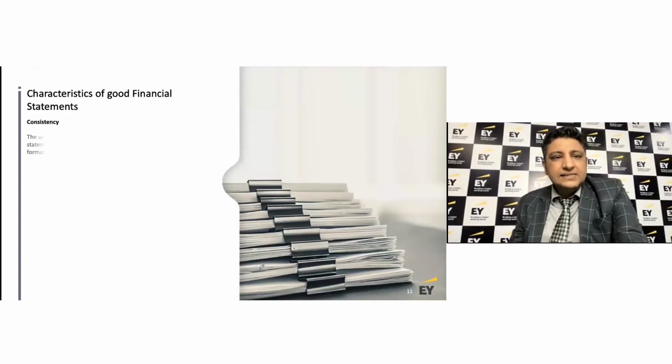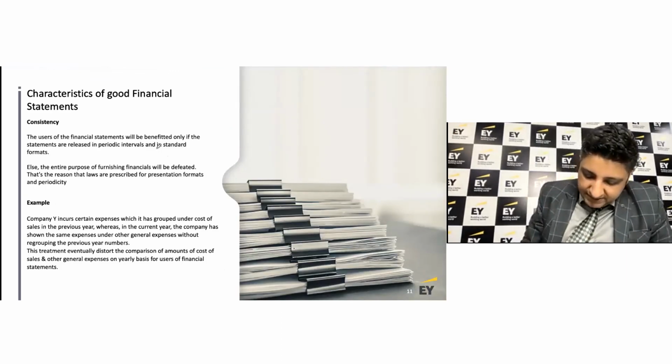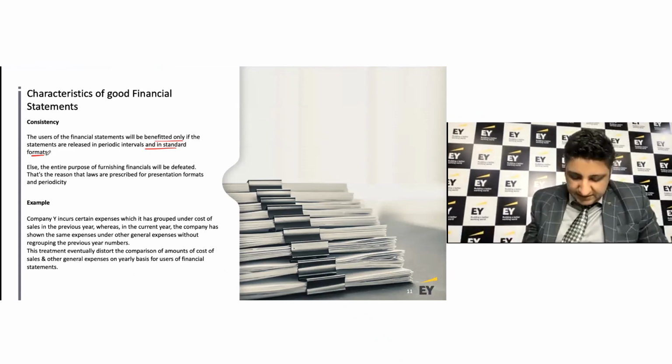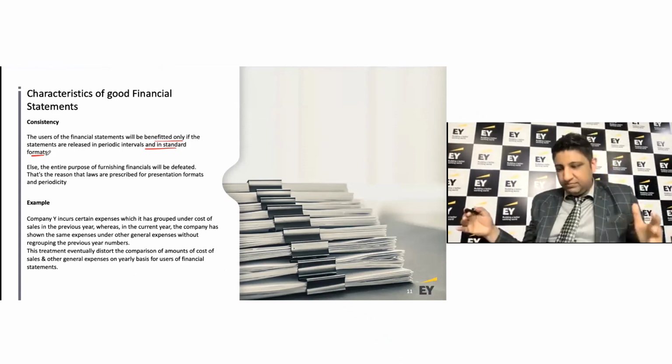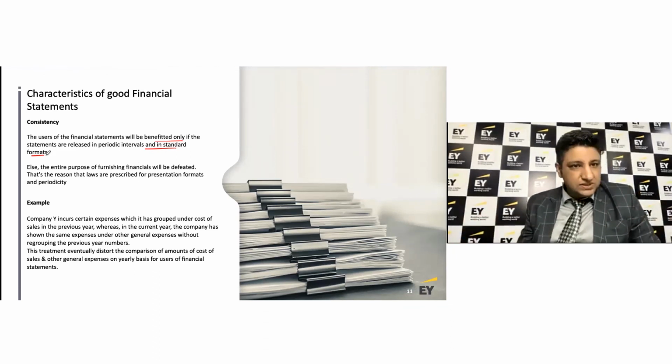Okay. Consistency, we have discussed it. Just to read through the scenario, it says that when you share those financial statements, the format should be consistently used. At the same time, you need to look at consistency in the presentation, in the measurement, in the accounting policy choice, etc. So everything is about consistency, right?